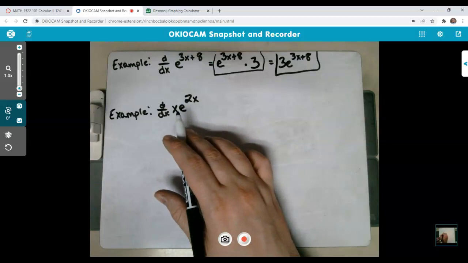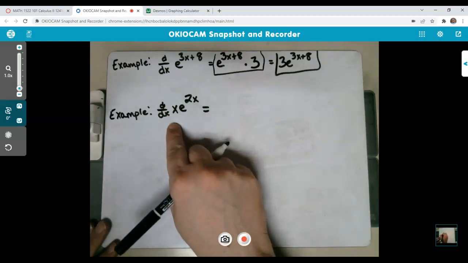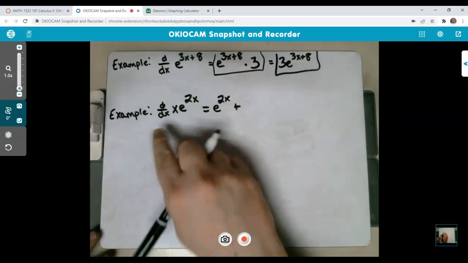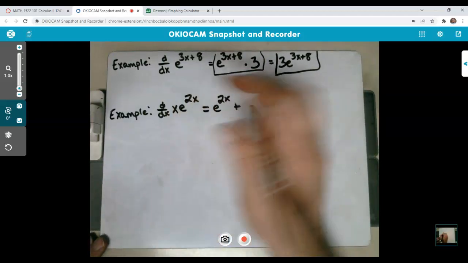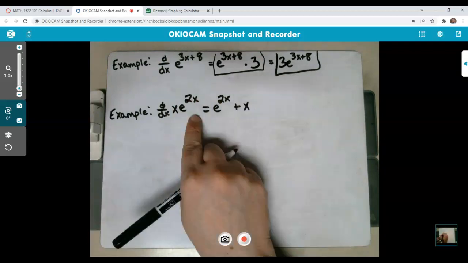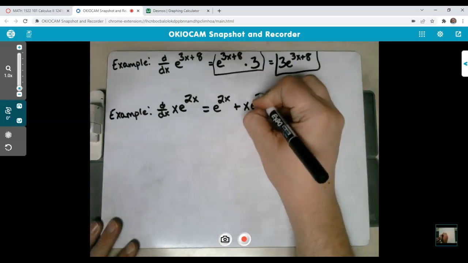By that rule, we take the derivative of the first part. The derivative of x is 1, so that's 1 times e to the 2x, plus leave the first part, just x, and then do that part. Again, I have e raised to some stuff. We know e stays e, so it's going to start with just e to the 2x.